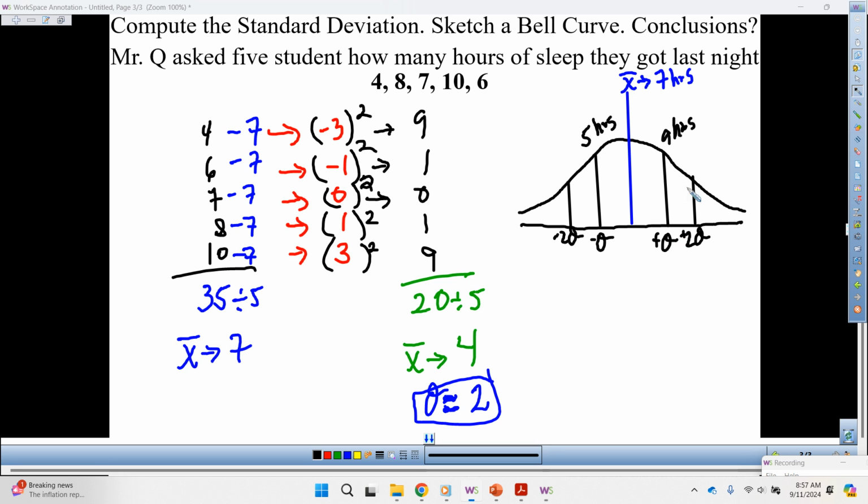Where are they in hours of sleep? All right, Diego, where are we at? 11 hours. And on the negative? 3 hours. All right, so far so good.